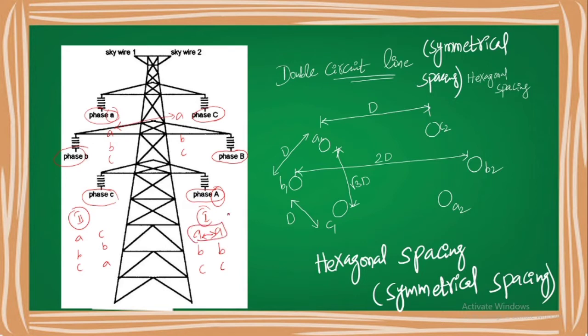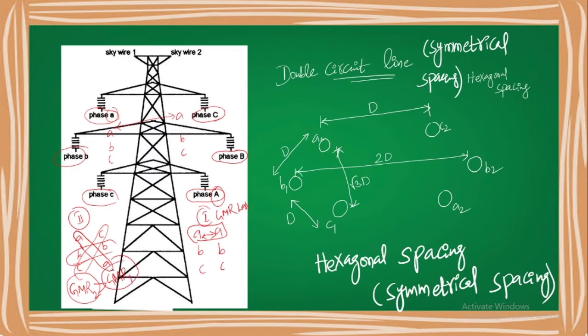It indicates the geometric mean radius of phase A is lesser. In the second case, the distance between the two conductors of phase A is larger. Here also the distance between the two conductors in a hexagonal spacing will be larger. Similarly, this distance. Like this, the GMR, the geometric mean radius, in the second configuration will be greater when compared to the geometric mean radius in the first case.